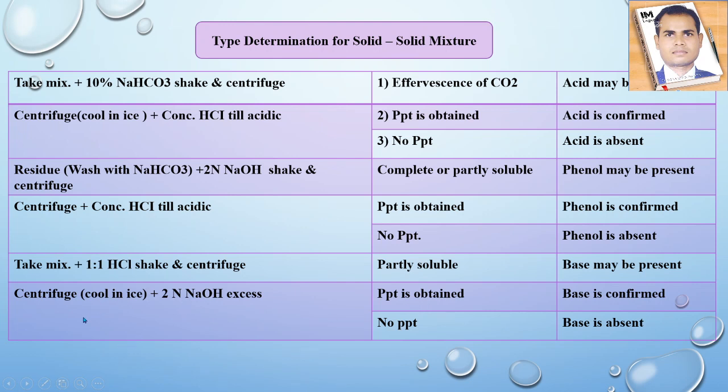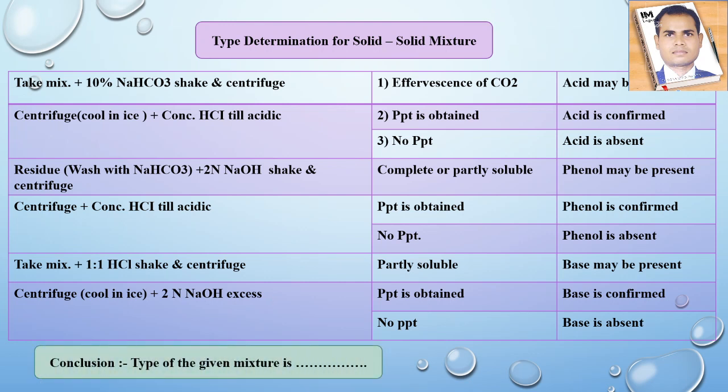After that we centrifuge it or cool in ice, and add 2 normal NaOH solution in excess, so that a precipitate is obtained. Then you can say base is confirmed, and if there is no precipitate, base is absent. So in this way we determine the type for the solid-solid mixture.